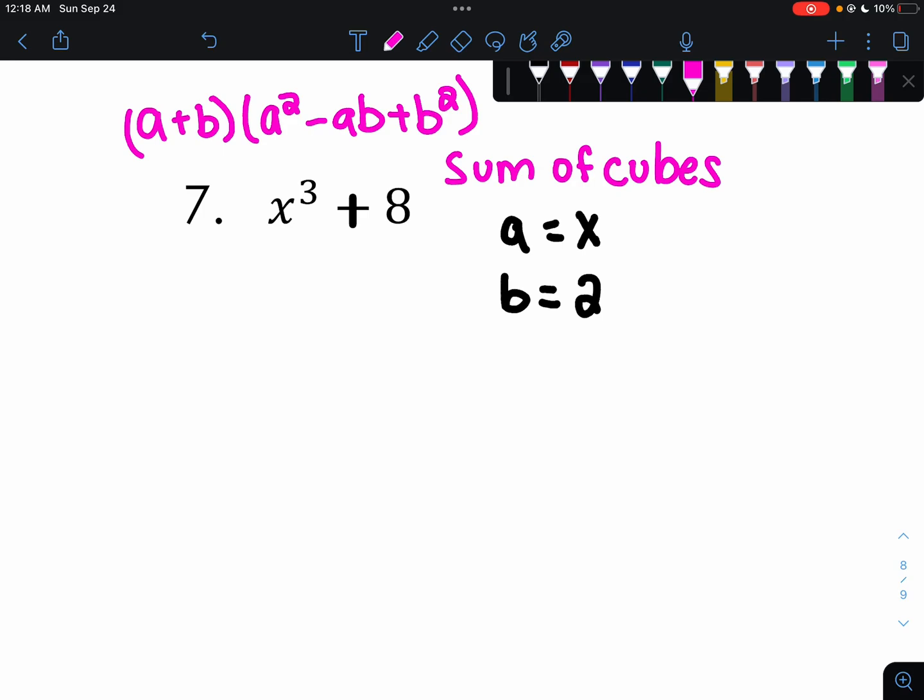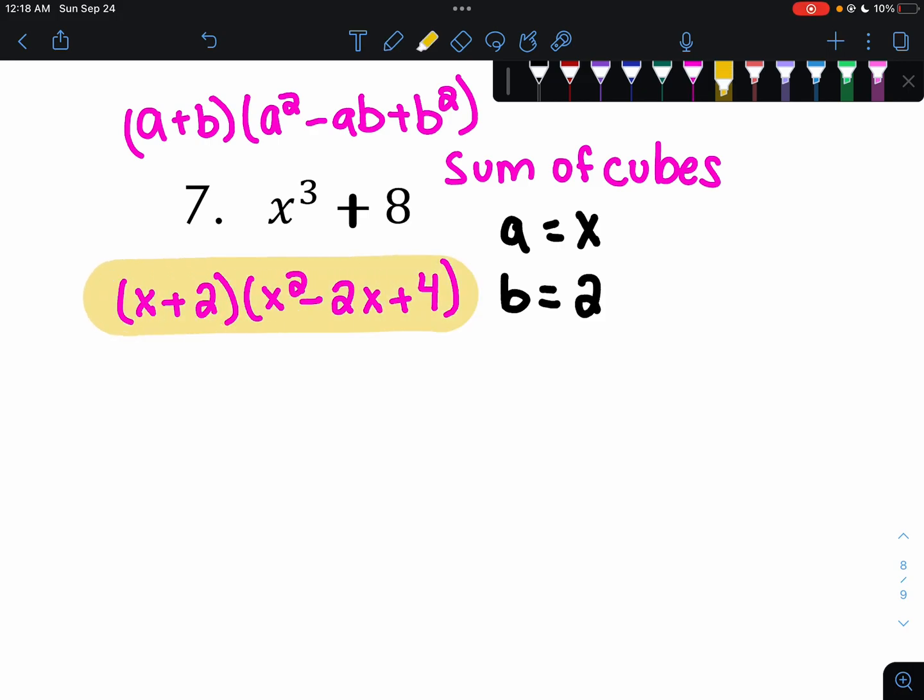So we're going to plug in our A and our B into that formula, and that's how this gets factored. So it is going to be x plus 2 times x squared minus 2x plus 4, because 4 is 2 squared, and that is how that gets factored.